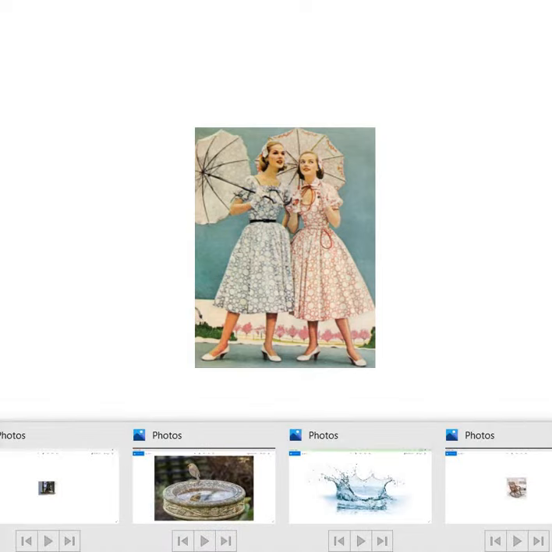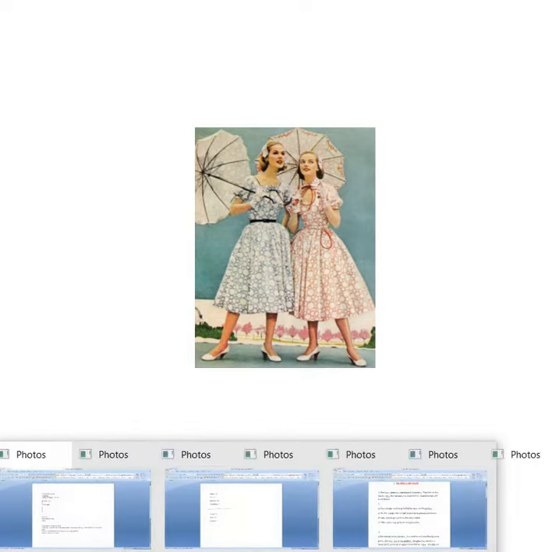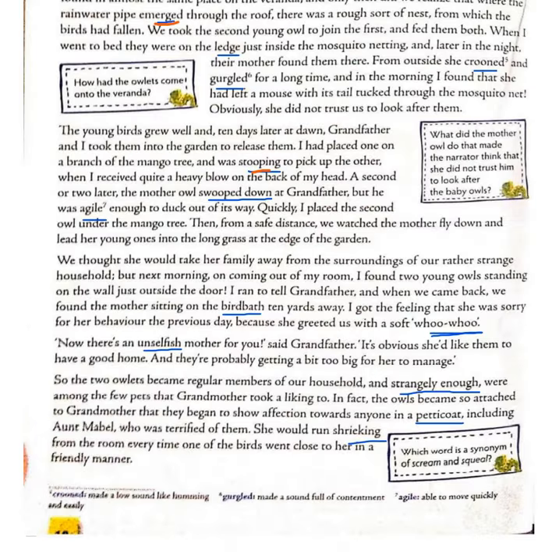When the owlets saw any person in the family, especially any woman dressed up like grandmother, who wore these kinds of petticoats, they had respect for them. They used to think that everybody is like grandmother, and they used to have respect for them. Okay, so that is what a petticoat is.